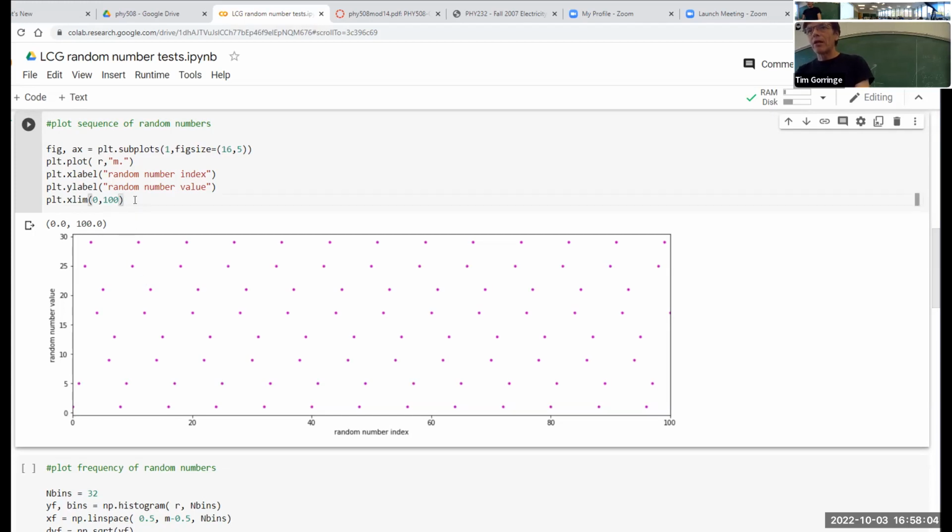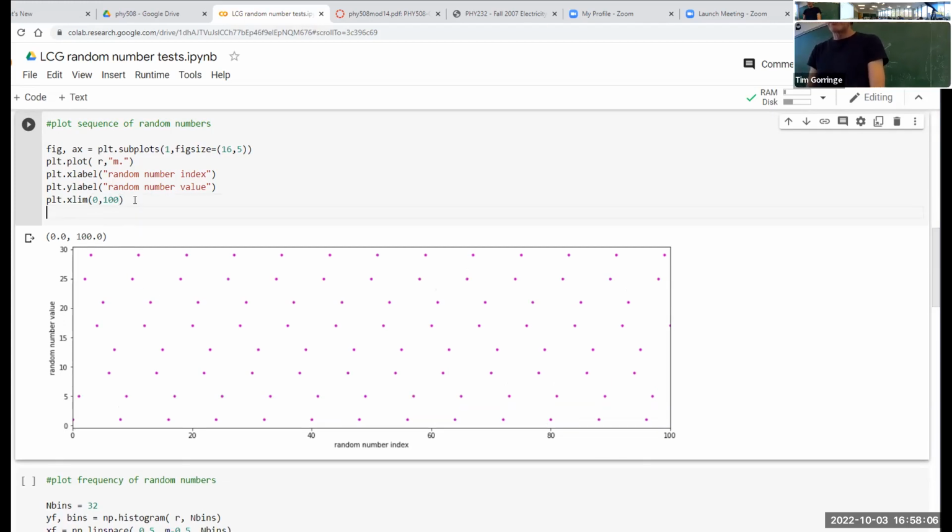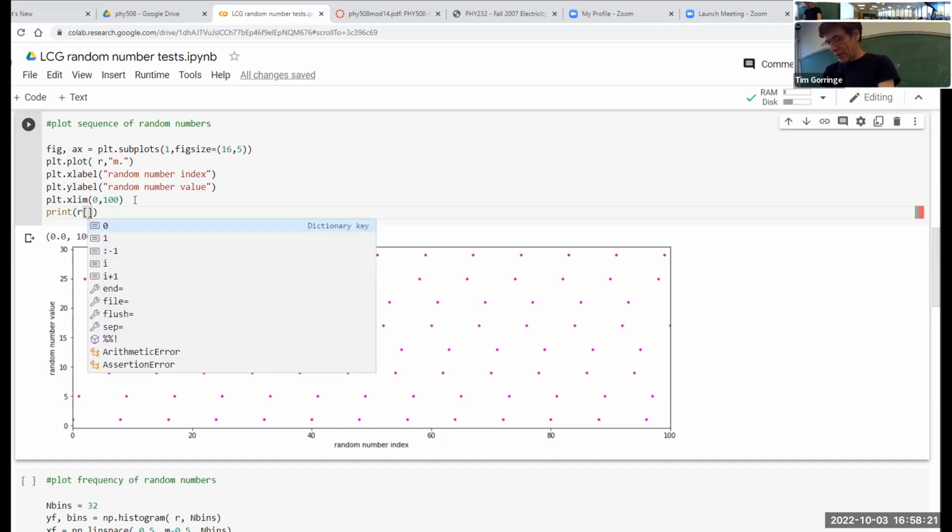Maybe this one, let me print out the numbers, so I can better show you the problem with this one. And I'll just print out some handful of them.